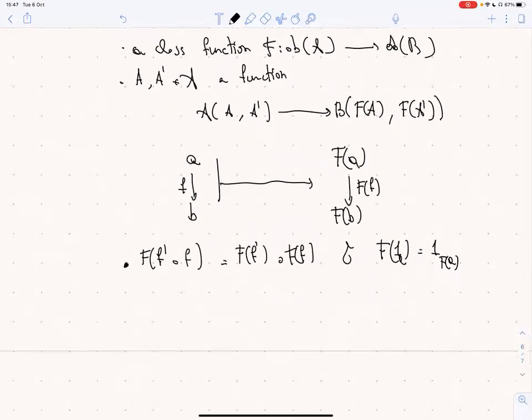So these two equations, let's try to understand what they mean.